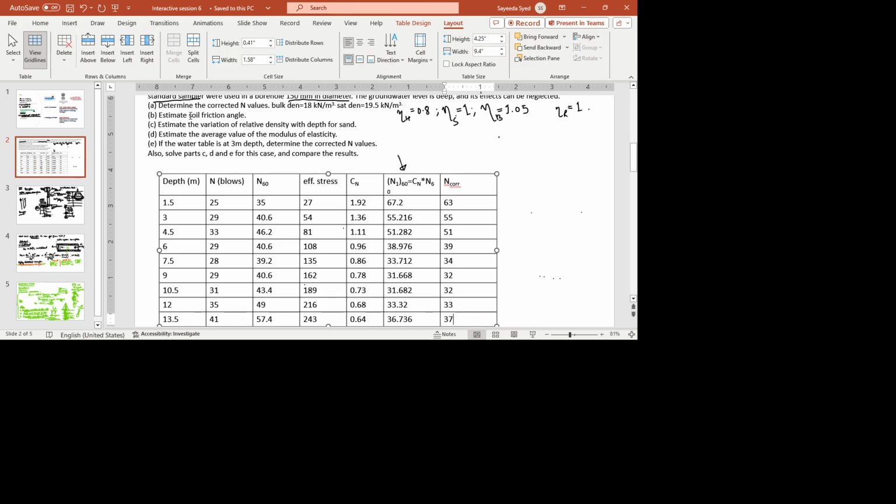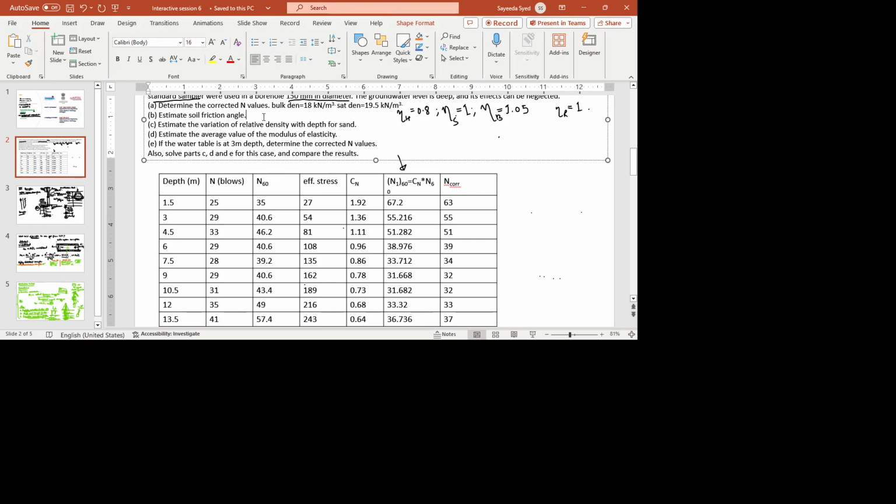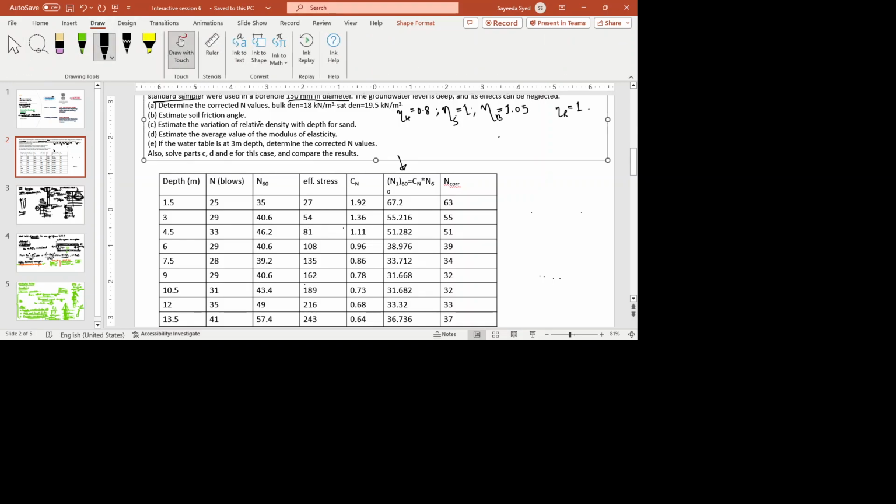Estimate the soil friction angle. As you must know, this is one of the most common tests that is being done in fields, SPT. And why it is the most common test is because we have correlations for SPT value and all the major properties of the sand.